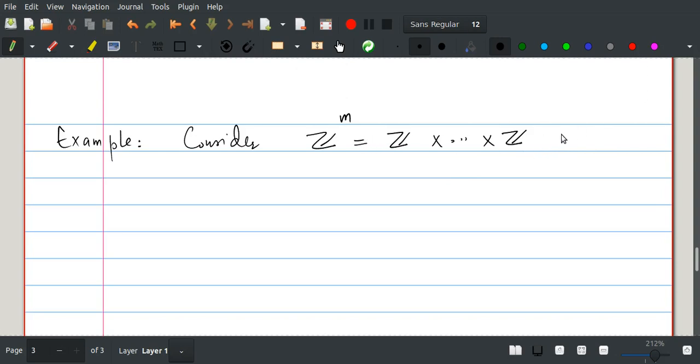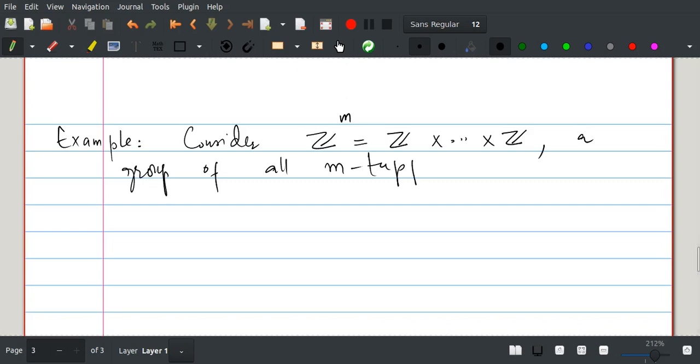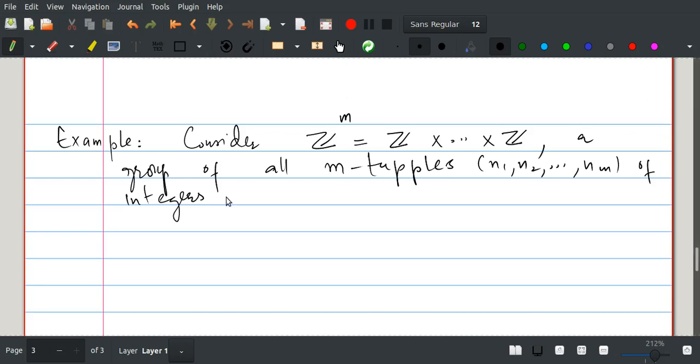Consider this group of all m tuples, say (n1, n2, through nm). These are m tuples of integers. This is a free abelian group.